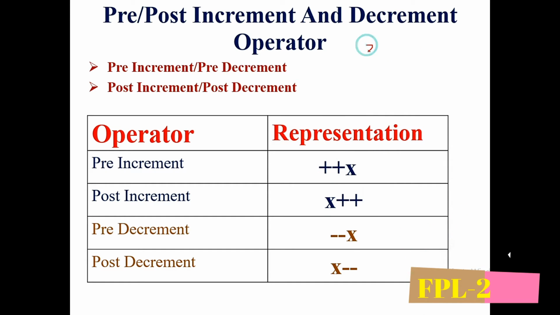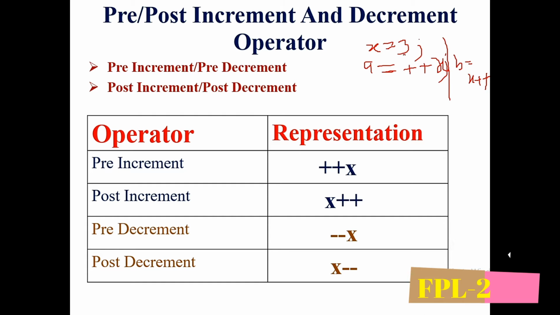So we'll take it in equation format. x is equal to, suppose, 3, and you have a is equal to plus plus x, and b is equal to x plus plus. Before giving the value from the right hand side to the left hand side, all this will be executed.